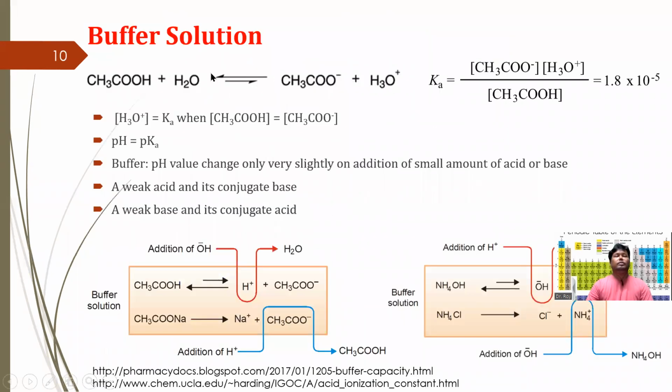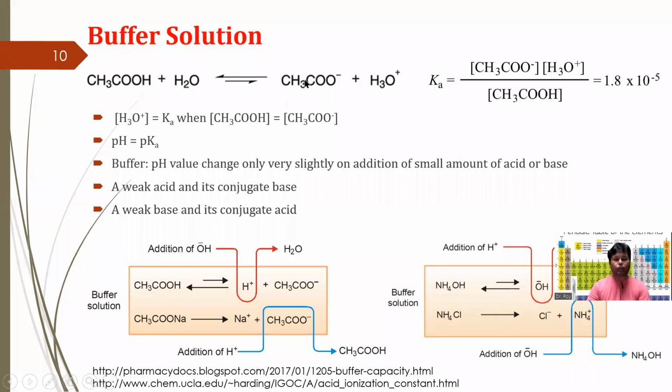Okay, now the buffer solution. Already we have learned about this. So buffer solution. If we have a solution of a weak acid, let us consider acetic acid, and we are dissolving this weak acid and the base, then conjugate acid and conjugate base are formed.